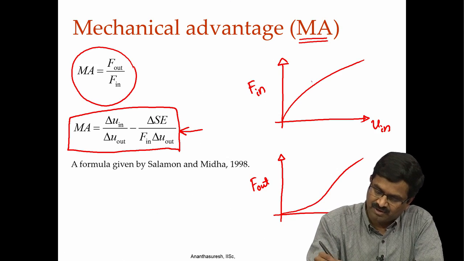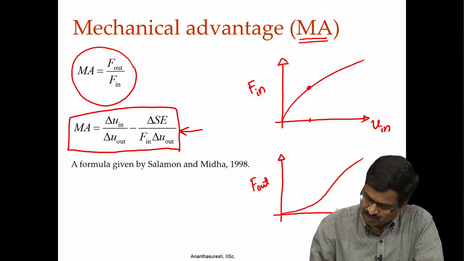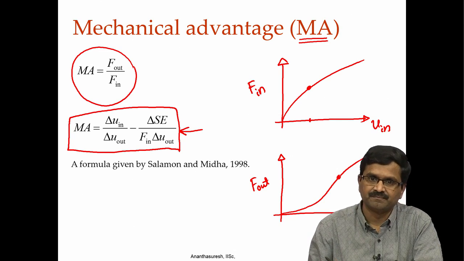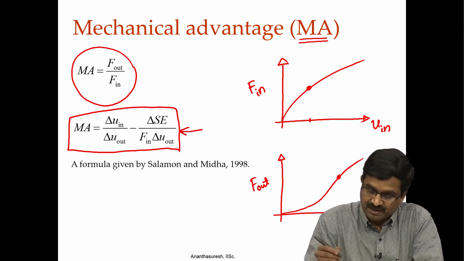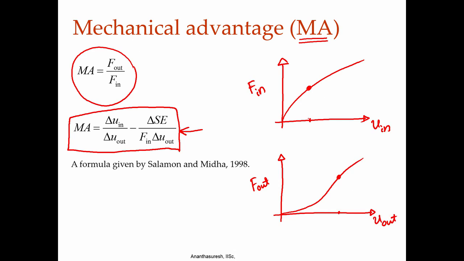So, if we have such a situation where things are changing, we should look at, let us say, a particular point. Let us say I take a point here, there is some u_in, and correspondingly there is some u_out, the corresponding point over here. Okay. So, this point and this point correspond to each other. So, you have some F_in and then u_in.